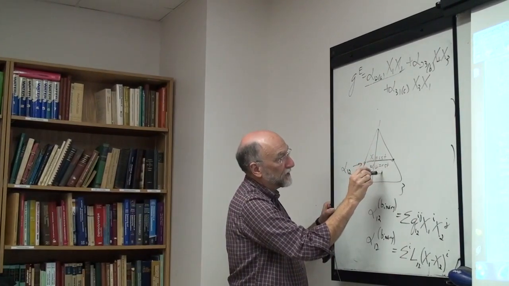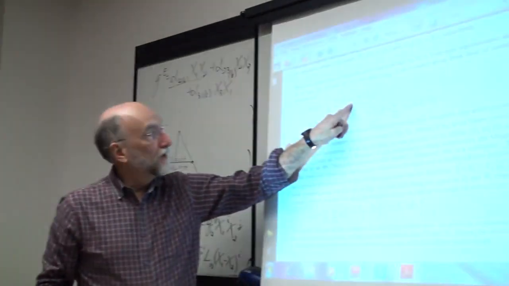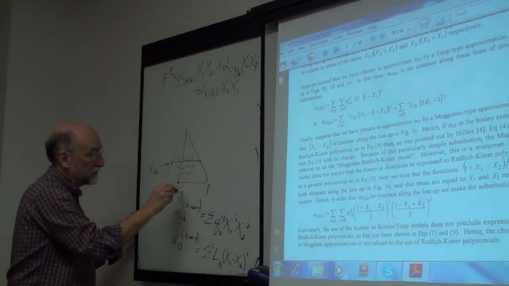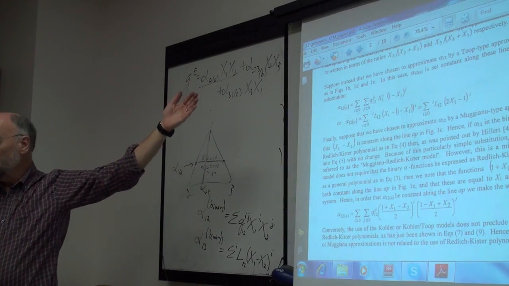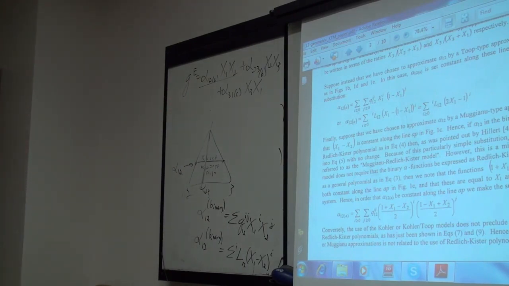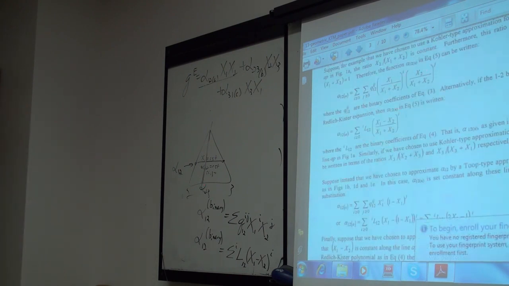Similarly, alpha 1,3 is constant along that same line, so alpha 1,3 would be a very similar function, x1 times 1 minus x1. But for alpha 2,3, which is going to be constant along that line, you use the Kohler type expression. So if you're going to use Kohler 2, for alpha 1,2 and alpha 1,3 you use this type of expression, and for alpha 2,3 you use this type of expression.